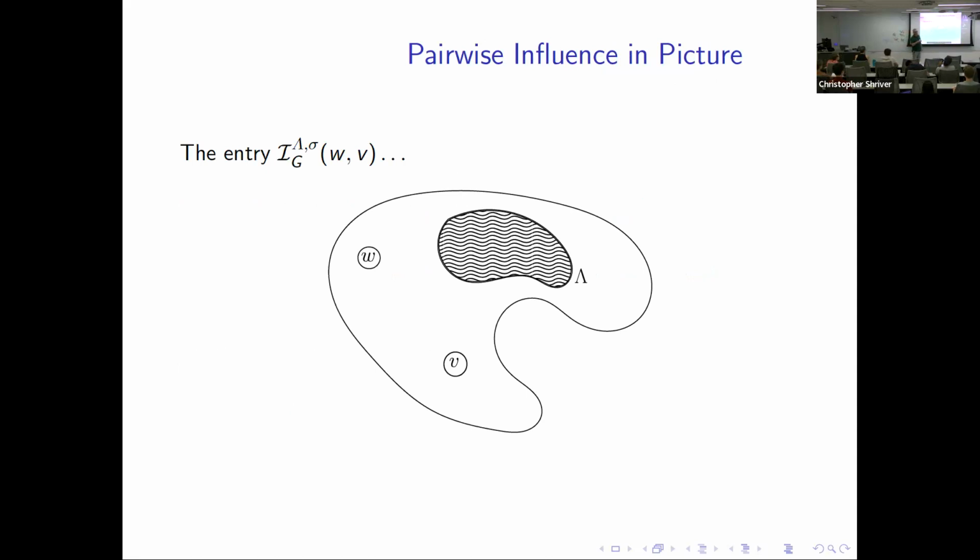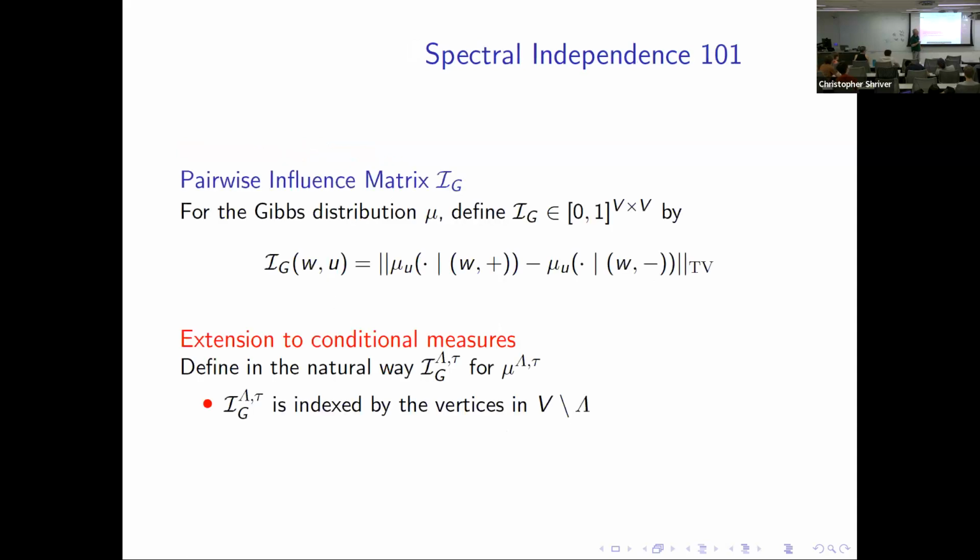We have the graph G, and we look at the marginal at vertex V as we vary the configuration at vertex W from plus to minus, and see how different the marginal is. This is the entry (W, V) of the influence matrix. This is what the total variation distance stands for.